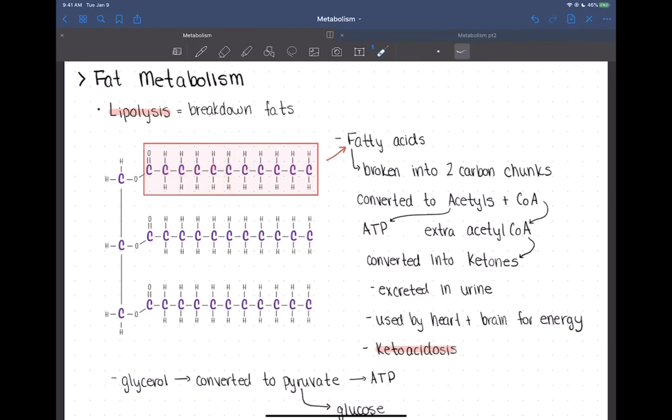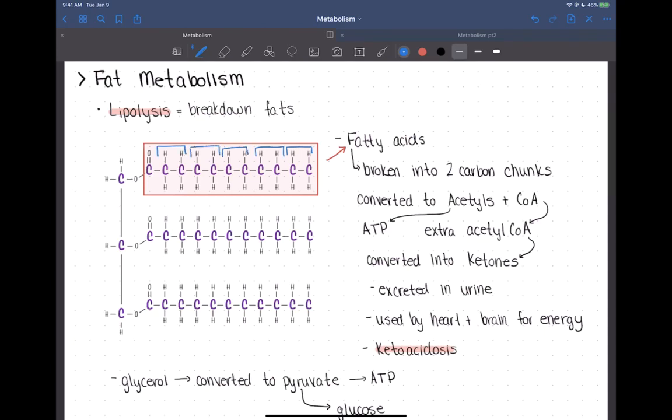Okay, and so what we can do to use these for energy, because you know that you can burn fat for energy, and fat will actually provide a lot of energy, is we can take these fatty acid chains and break them down into 2 carbon pieces. All right, so essentially we would break this down, 2 carbons, 2 carbons, 2 carbons, just like that.